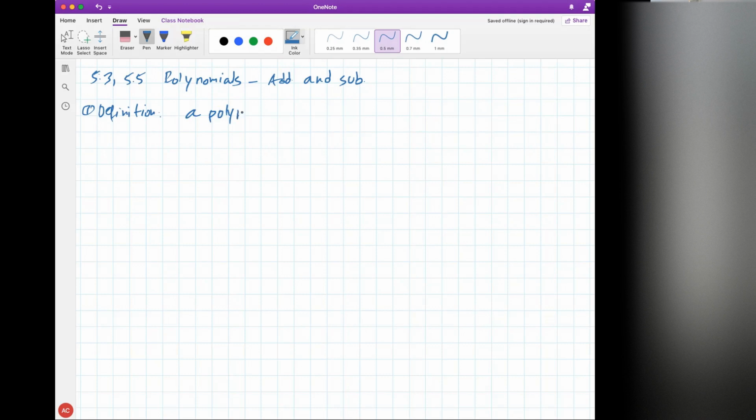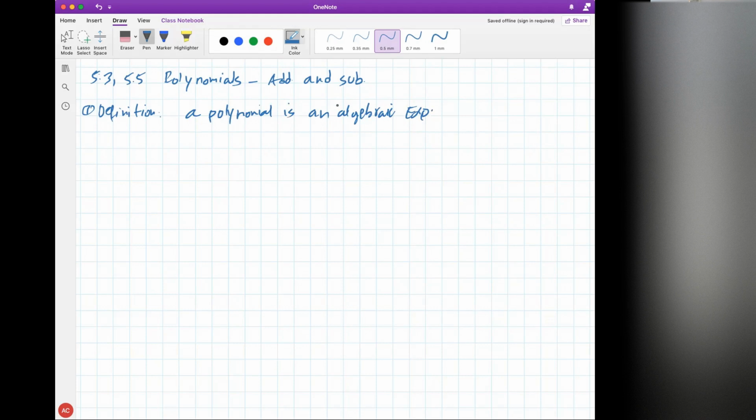So a polynomial is basically an algebraic expression. Okay, so that's the short definition. Algebraic expressions we talked about previously. They are basically, again, numbers and variables together.